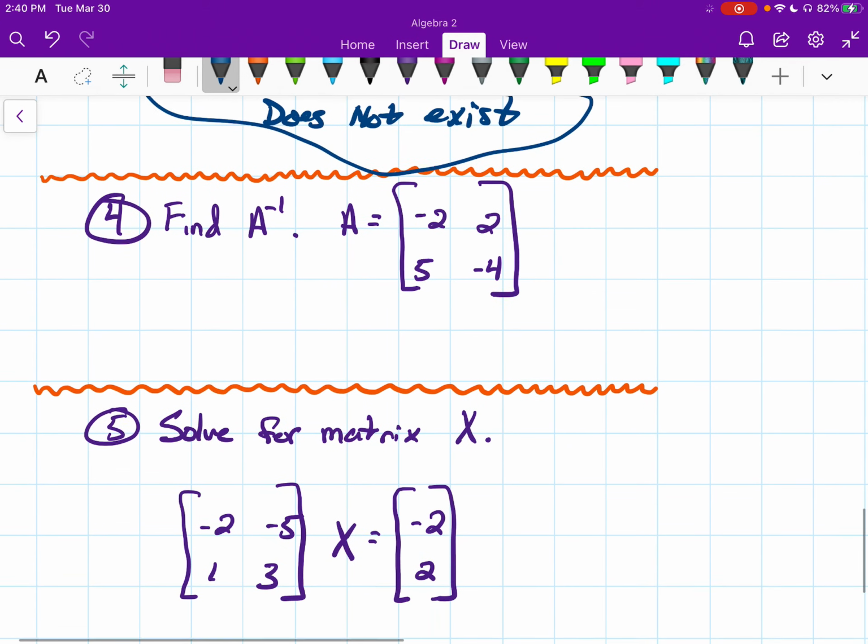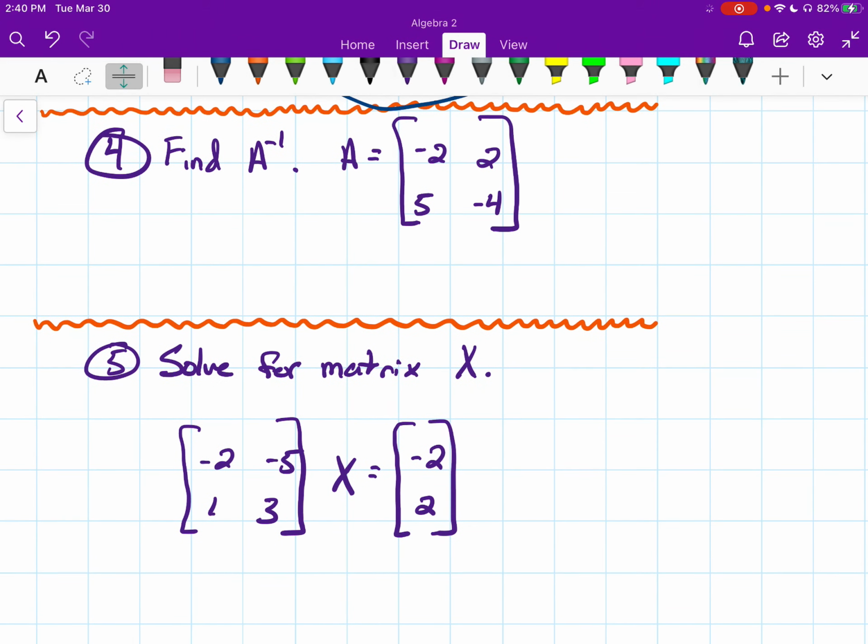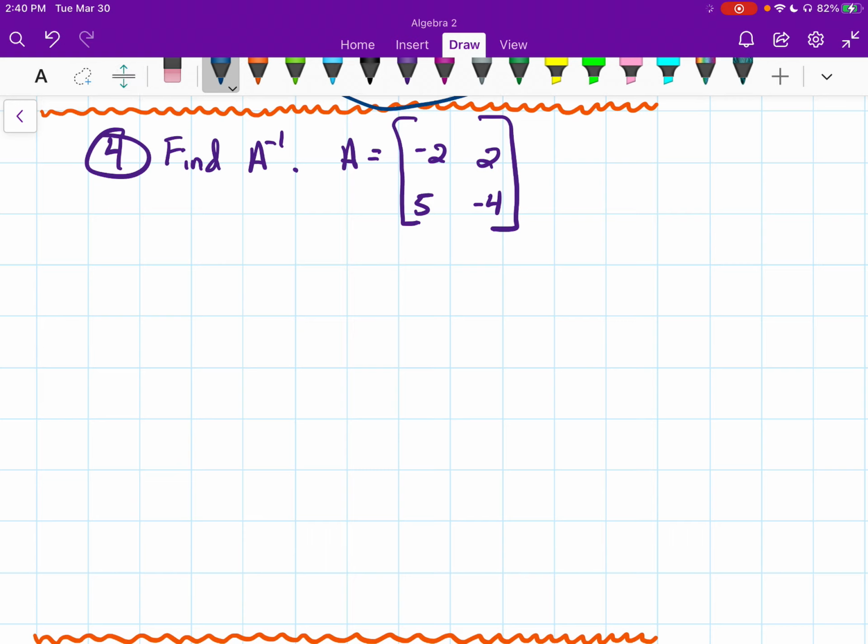Next up, we are actually going to find an inverse, or at least if it exists, we're going to find the inverse. Something to remember: the formula here is A inverse is going to be 1 over the determinant of A times alt A, right?